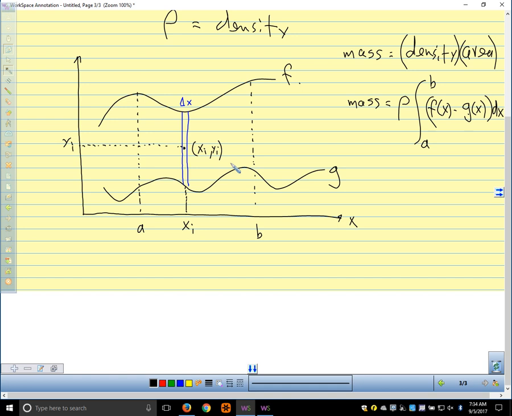But how do we find y sub i in terms of these other quantities? What's the center of that rectangle? It's f of x plus g of x over 2, right? We're integrating with respect to x. We want the middle of that rectangle. Well, the middle, y sub i, is going to be f of x plus g of x divided by 2, halfway between those two.